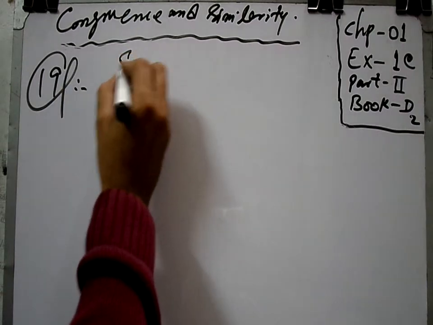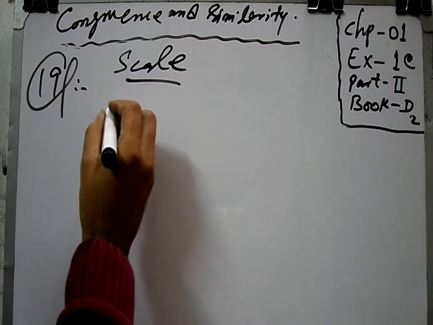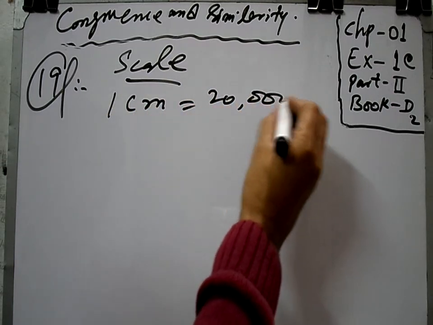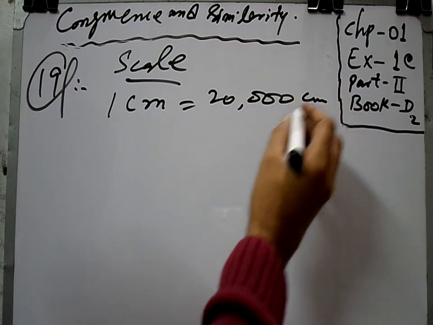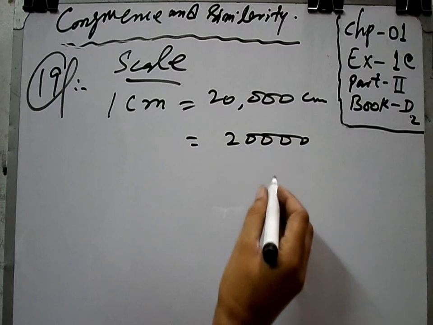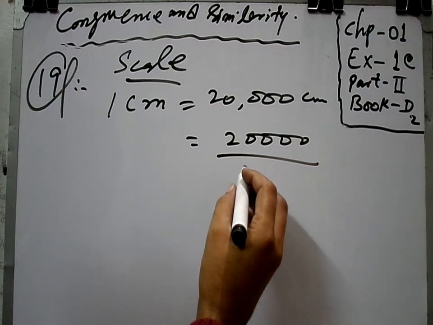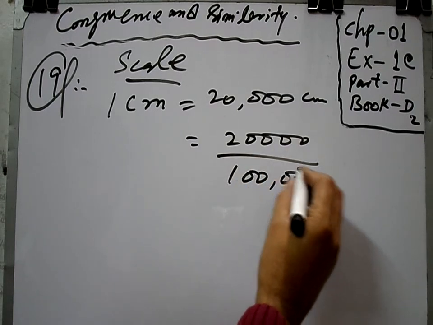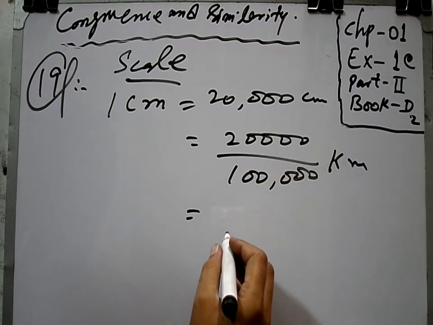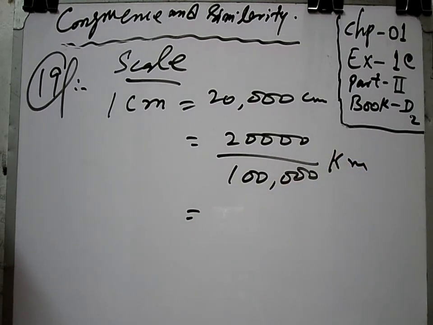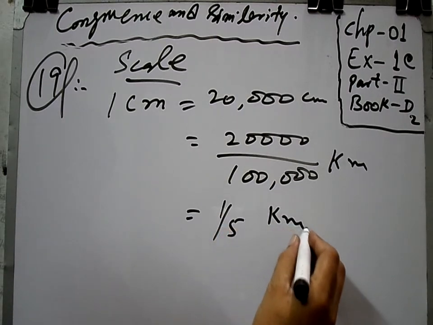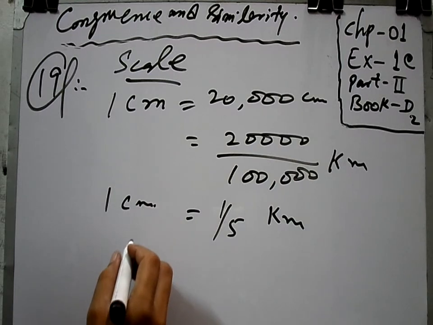Okay, scale is 1 centimeter is equal to 20,000 centimeter. So convert into kilometers, divided by 100,000. It is converted into kilometers, so after simplification you will get 0.2 kilometer is equal to 1 centimeter.